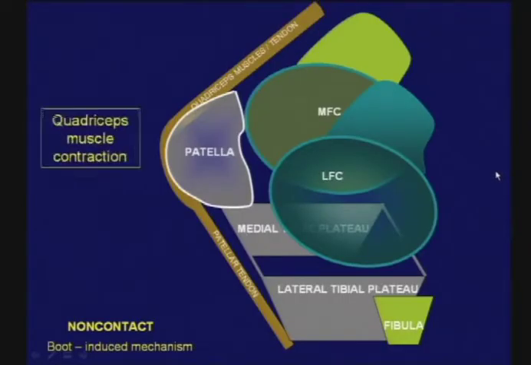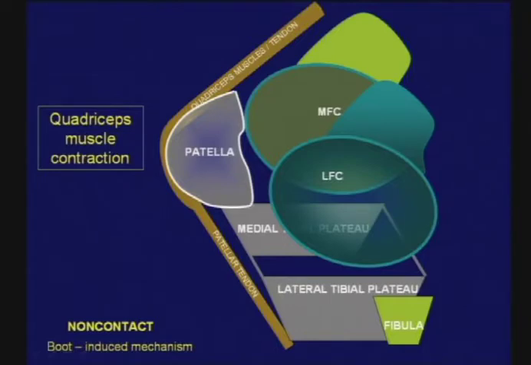Now, this is an interesting mechanism, this boot-induced mechanism. So let me use this particular diagram. It's very well known with skiing. You're looking at the lateral femoral condyle, the medial femoral condyle, the quadriceps mechanism or extensor mechanism, and the patella. So this is the typical mechanism for a boot-induced skiing injury. What occurs, in fact, here is a major pull on the quadriceps muscle.